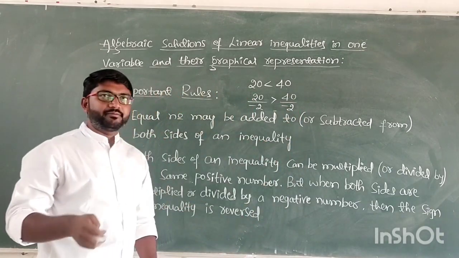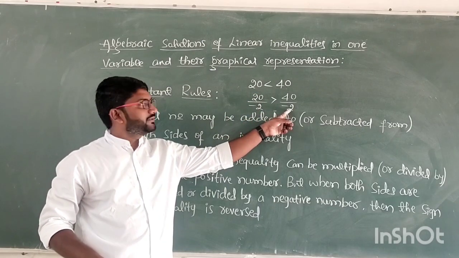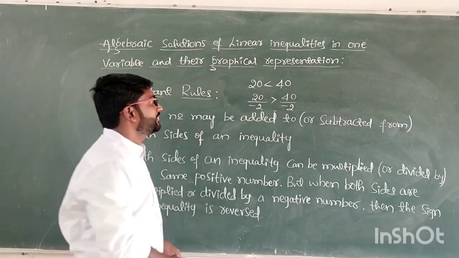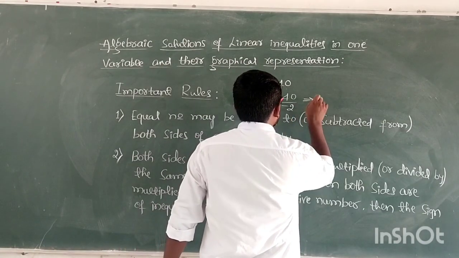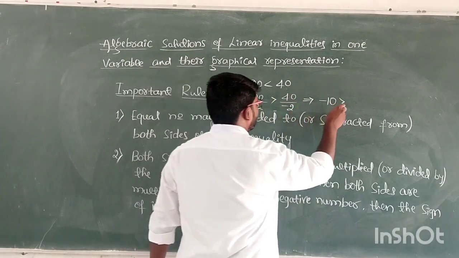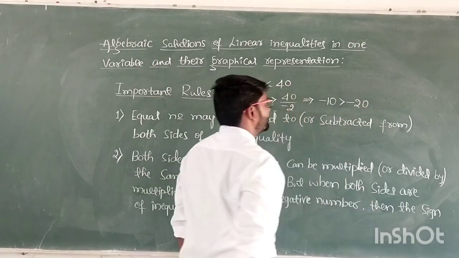Why are we reversing the sign here? Because we are dividing by the same negative number. So here it is less than and here it becomes greater than. This implies minus 10 greater than minus 20.